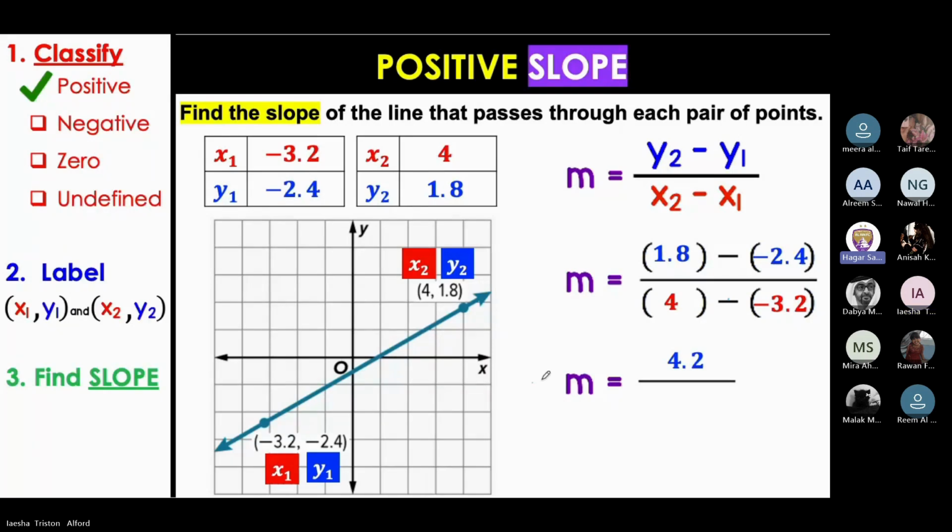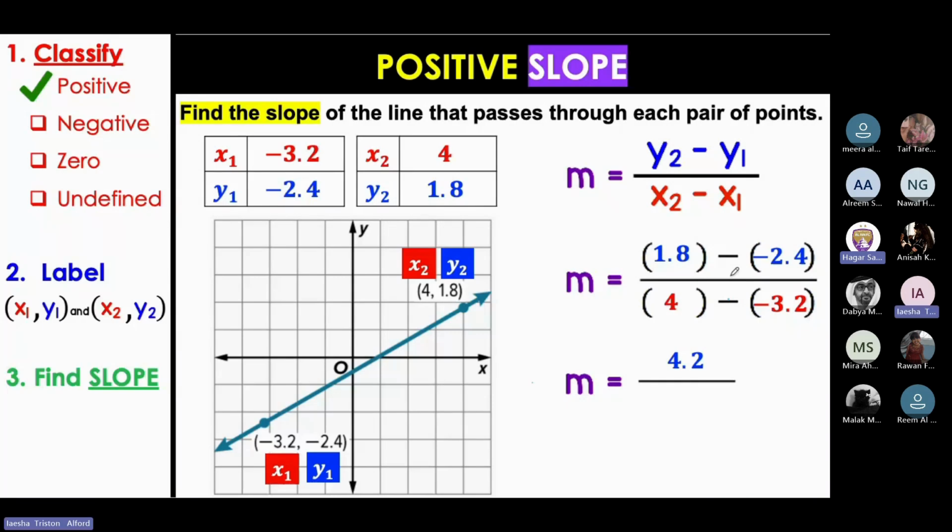Yes or no? How are you getting 7.2? It's 1.8 subtract negative 2.4. It's 4.2. Okay, should be 4.2.